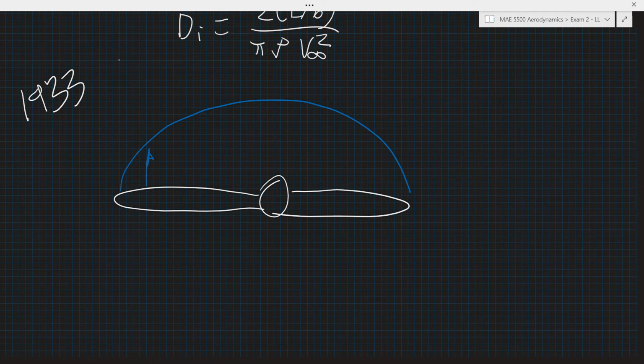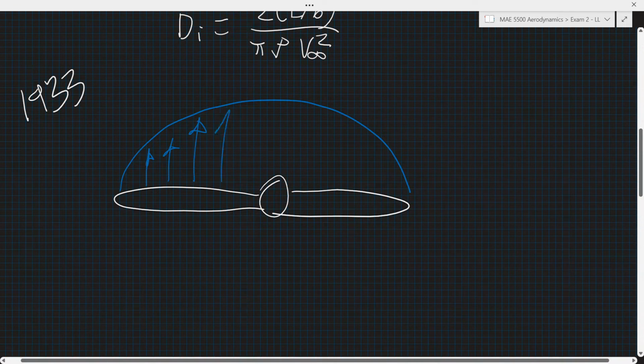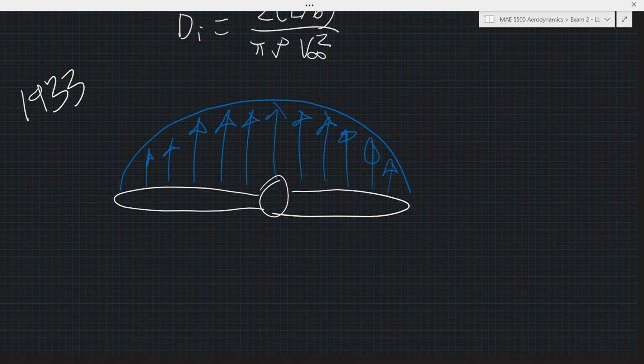So we have some lift distribution that's spread out along the wing like this. And so it's creating this optimized lift distribution that minimizes induced drag. And once again, this is our lift distribution as a function of z.